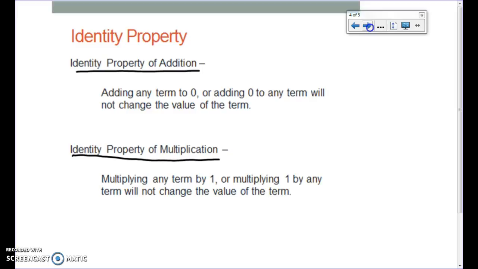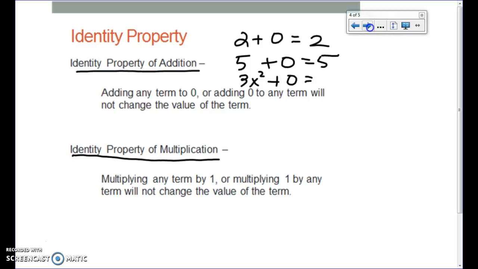That's what the addition property says. 2 plus 0 is still equal to 2. It keeps its identity. 5 plus 0 is still equal to 5. Or 3x squared plus 0 is still equal to 3x squared. It works with variables, it works with any term. Anything plus nothing is still itself. It doesn't change. Identity.